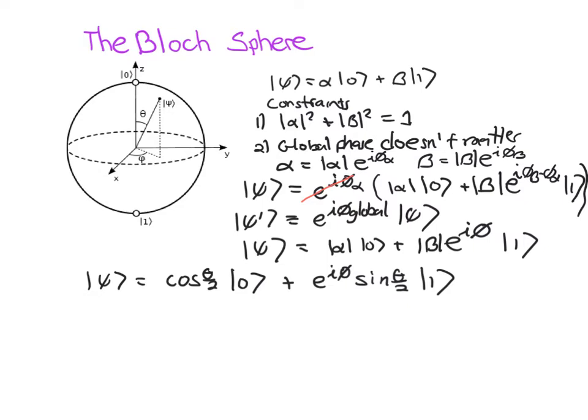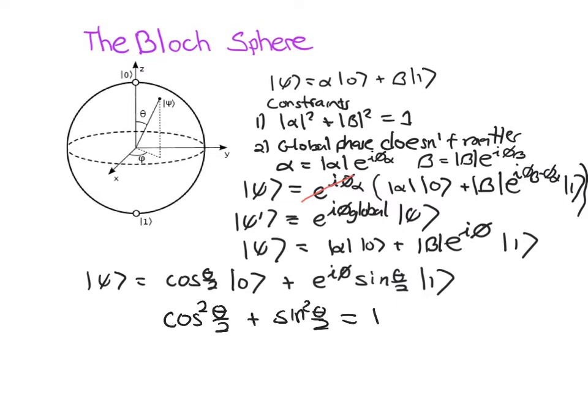And notice, it's easy to see that by doing it this way, we ensure that we satisfy the first constraint, that the sum of the magnitudes squared of the two coefficients out in front sums to 1, because the magnitude squared of the first coefficient is cosine squared theta over 2, and then for the second coefficient, e to the i phi has a magnitude of 1, so it's just sine squared theta over 2.